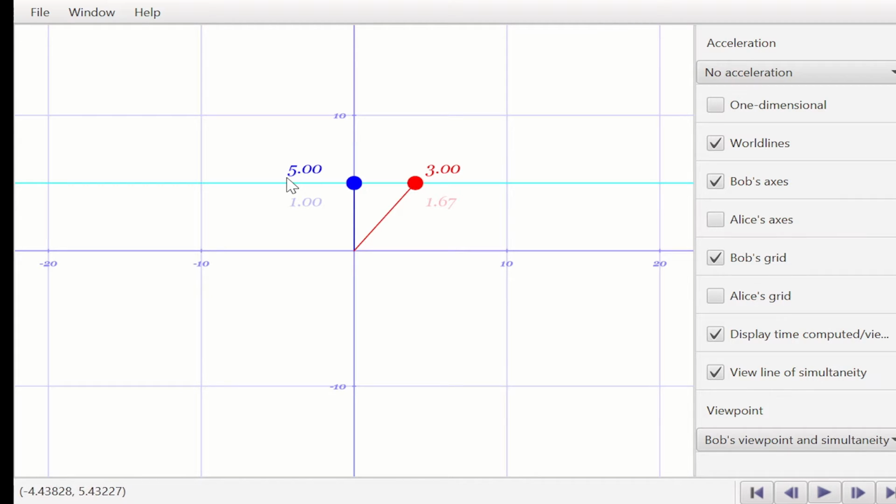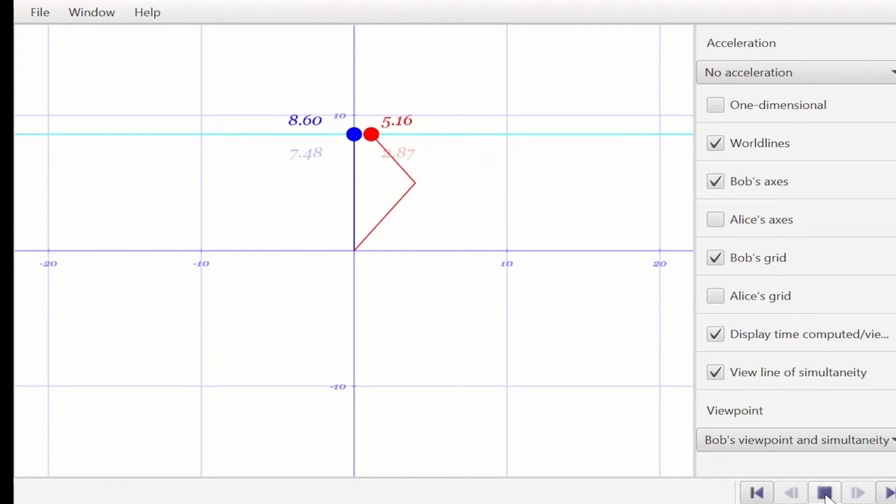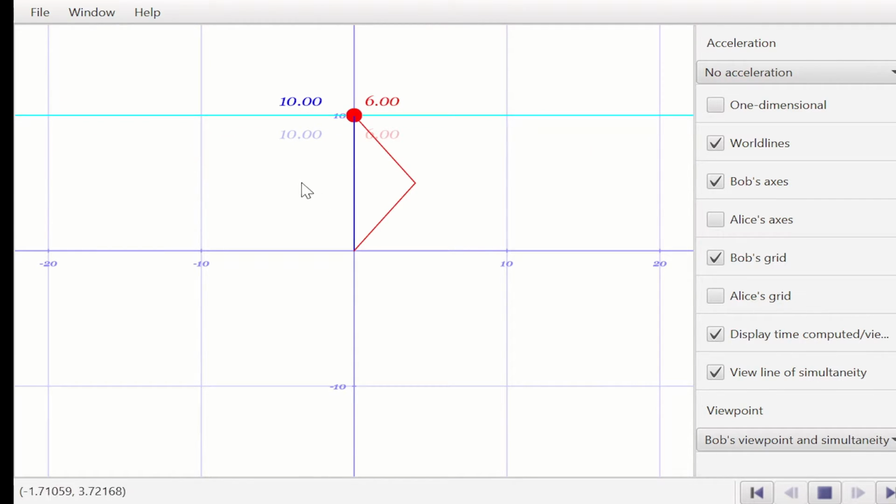She would see his, well, we won't say what she sees. We're talking about Bob's viewpoint. And we can finish the trip. And at the end, her clock will read 6 and his is 10. When they meet, they will agree that those are the times on their clocks.